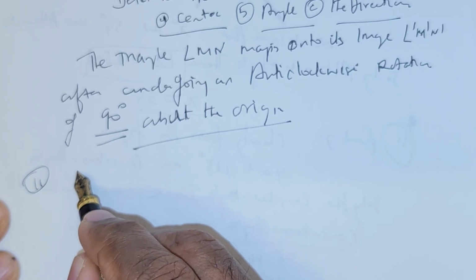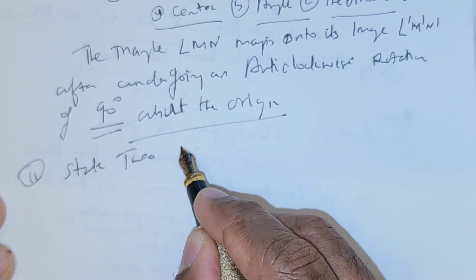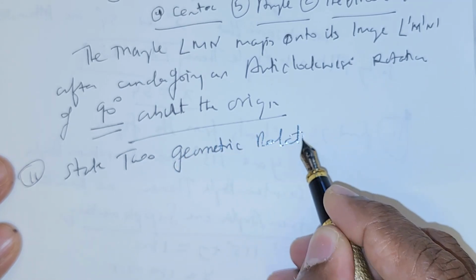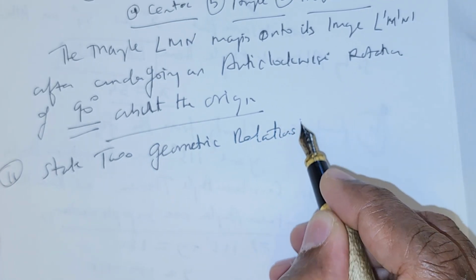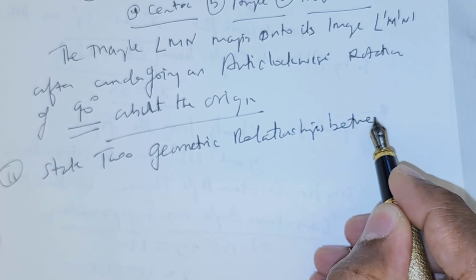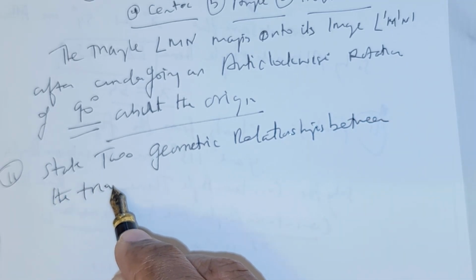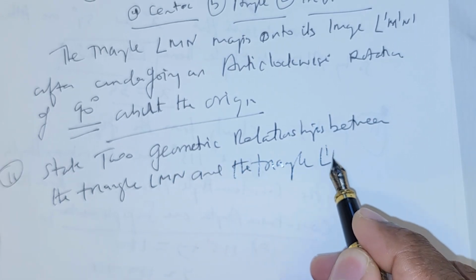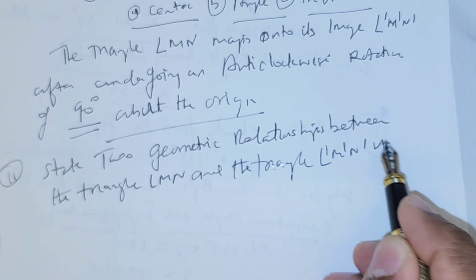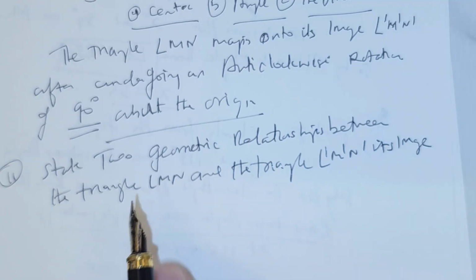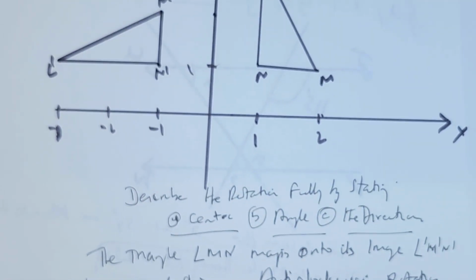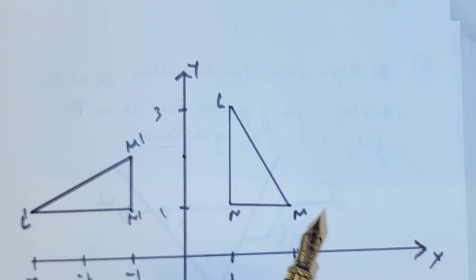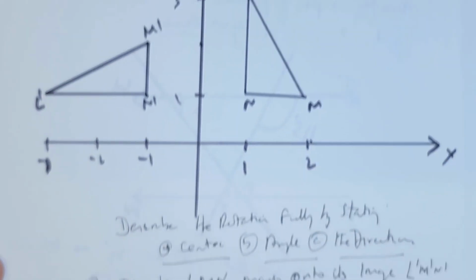Next question is, state 2 geometric relationships between the triangle LMN and the triangle L dash, M dash, N dash, its image. Okay, so what is the relationship you see between these? Now this is the image. Clearly nothing changes. The size remains the same, the angle remains the same.